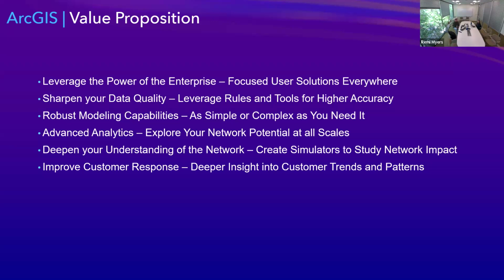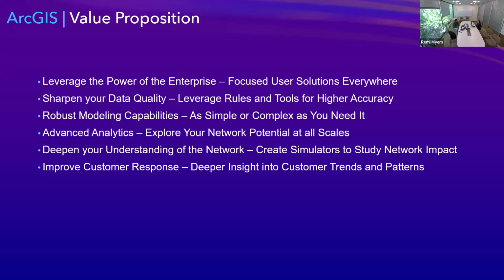So as you've heard Remi mention, it really leverages the power of the enterprise. And so it provides those focused user solutions everywhere across your business. The utility network enables you, along with enterprise, to bring the technology throughout your business and share it across the whole organization.